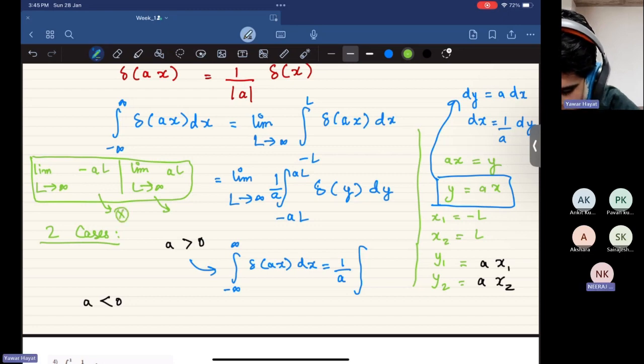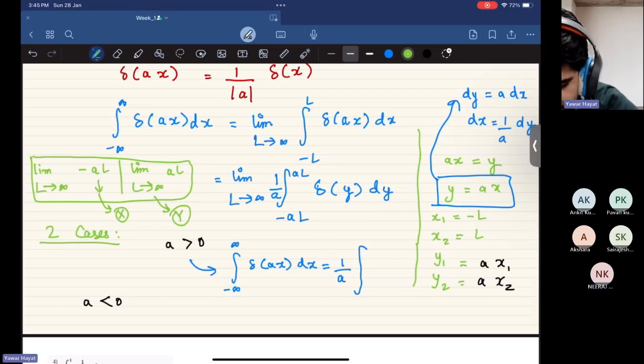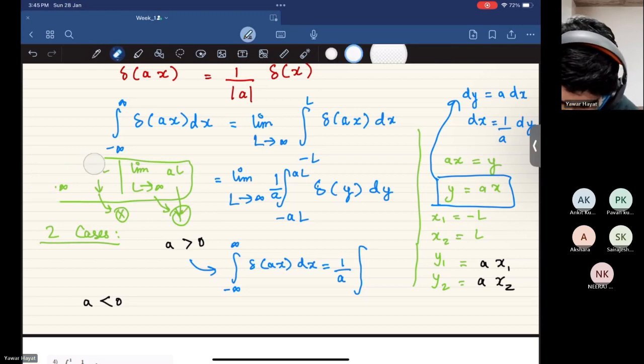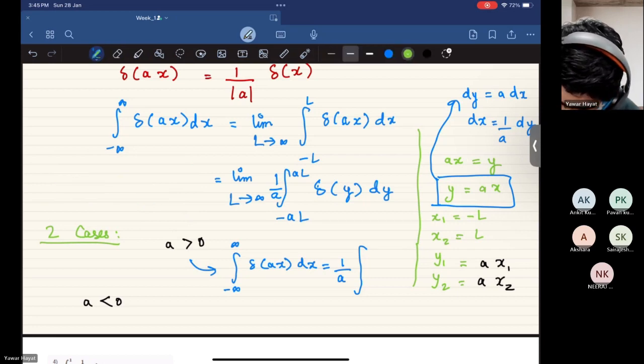One will be minus infinity, one will be plus infinity. The x1, this one will be minus infinity, and this one would be plus infinity. So minus infinity to infinity, delta of y dy.